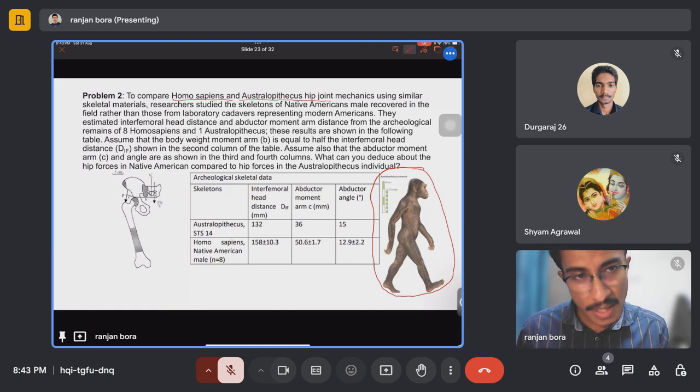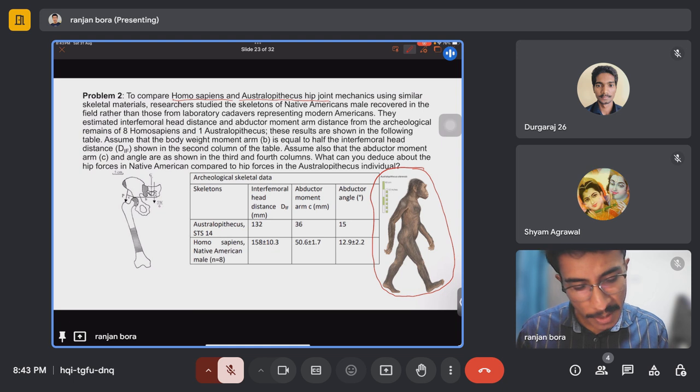Now researchers studied the skeletons of Native American males recovered in the field rather than those from laboratory cadavers representing modern Americans. They estimated interfemoral head distance and abductor moment distance from the archaeological remains of 8 Homo sapiens and 1 Australopithecus. These results are shown in the following table.